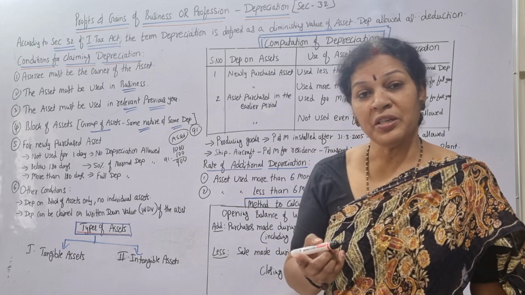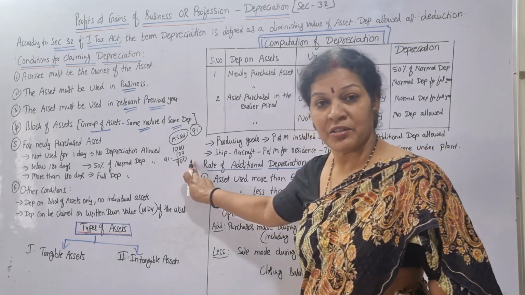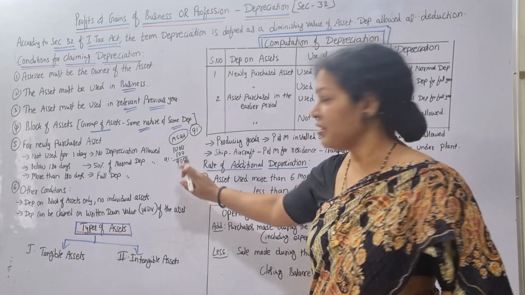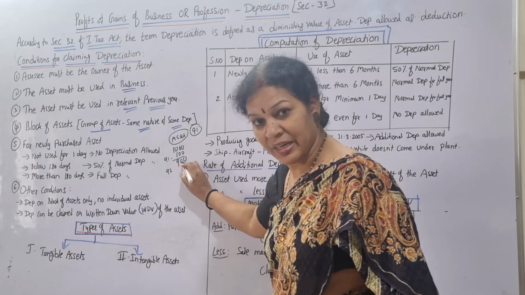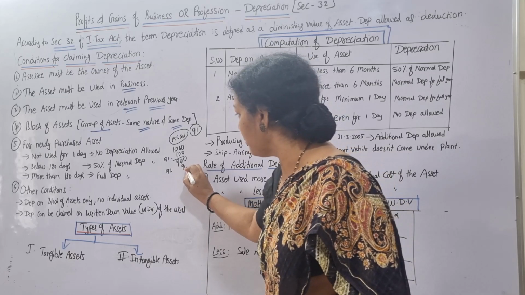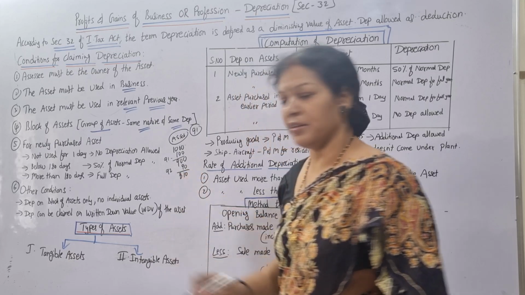Now for 92 year depreciation, on which amount will you calculate? You are going to calculate on 900. So 92 year depreciation will be 10% on 900. That comes to 90 rupees. 90 rupees also will be deducted. We are getting 810.